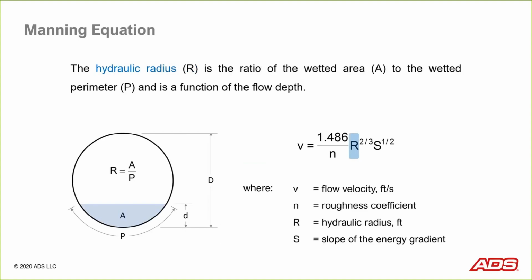Let's talk about the hydraulic radius. So I'm showing you a diagram here on the left that represents flow in the cross-section of a sewer. And when we talk about the hydraulic radius, it is a definition. It is defined as the ratio of the wetted area to the wetted perimeter. We already talked about what the wetted area is, and the wetted perimeter is simply the contact that the flow makes with the pipe wall.